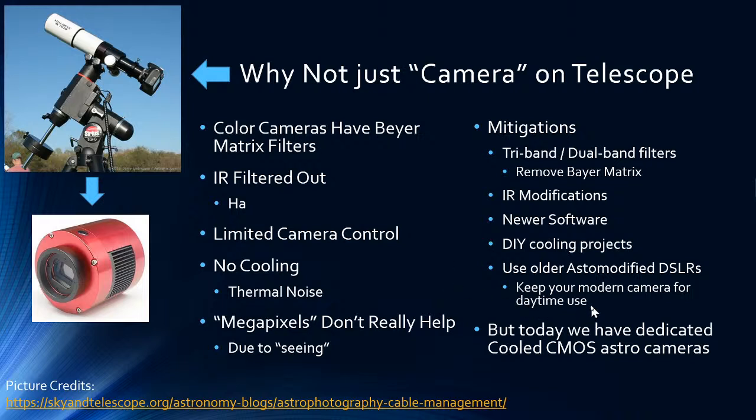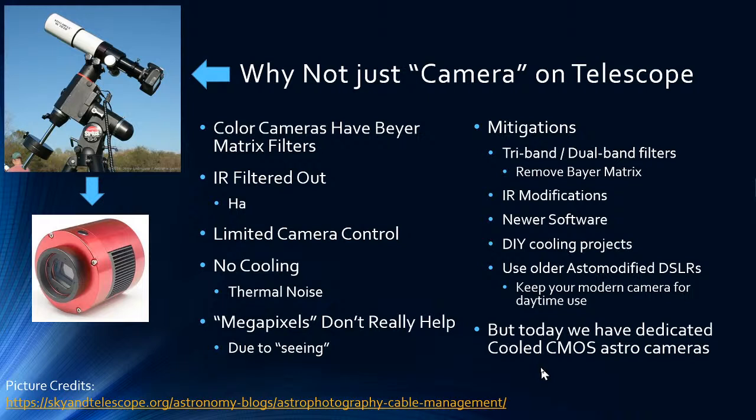Keep that for daytime use, and because of the seeing effect, a Canon T3 or a Canon T3i or a Nikon D50-100, those older cameras are all you need, and you can buy those already astro modified, with this IR modification, all day long for 300 or 400 bucks on eBay or what have you. Just check the shutter count.